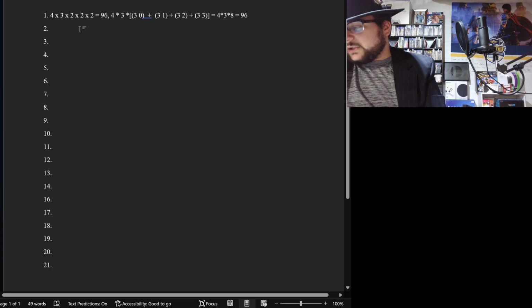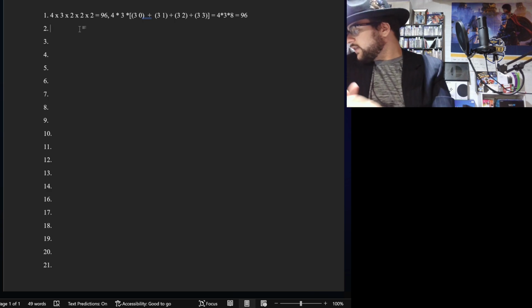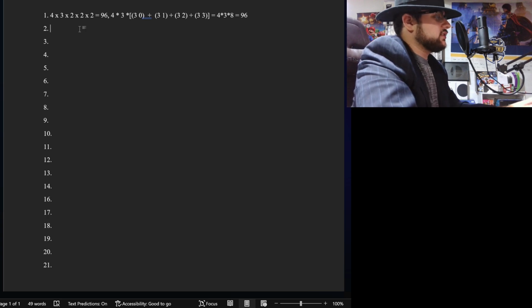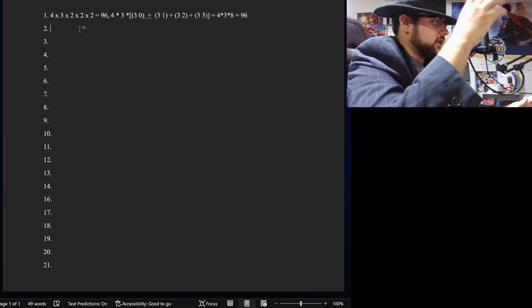8 committee members are meeting in a room that has 12 chairs. How many different ways can they seat themselves in those chairs? Okay, this is easy as well. We just have to use a factorial permutation.